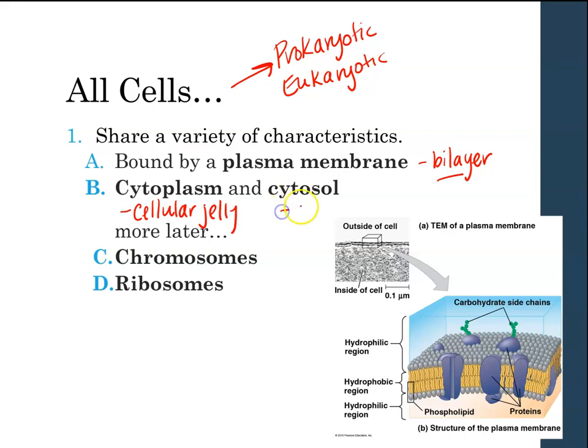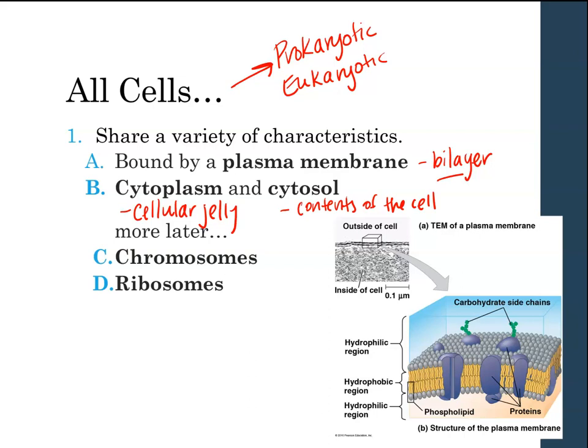The cytosol is kind of similar to the cytoplasm. They can kind of be used interchangeably, but cytosol is basically all the contents of the cell. So it's the cytoplasm plus anything that happens to be in the cytoplasm, whatever that may be. It might be organelles, it might be DNA, it might be ribosomes.